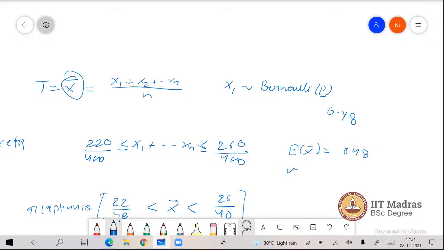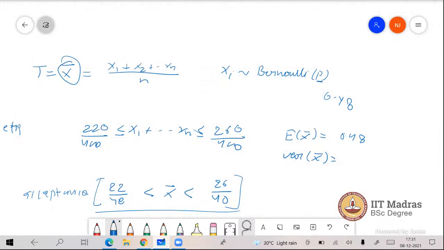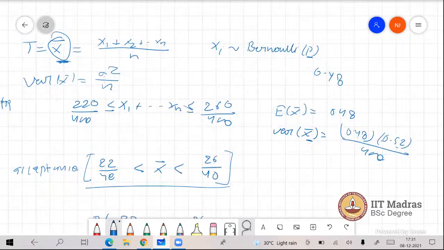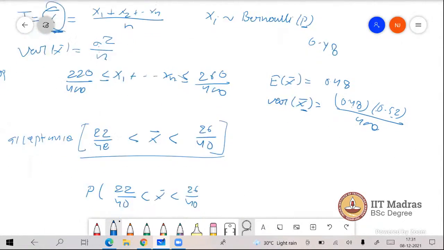And what is the variance of x bar? Sigma square by n, the sample mean's variance. And sigma square is p into 1 minus p. Okay, sir.